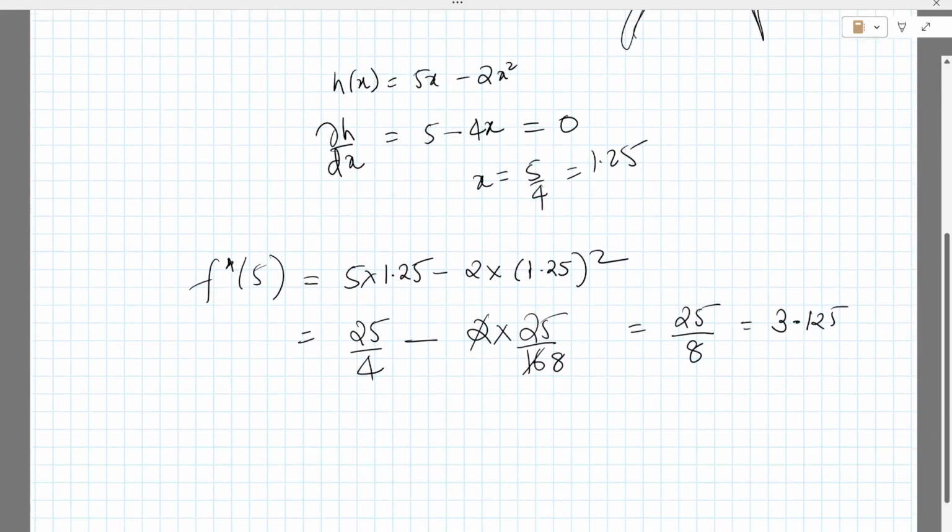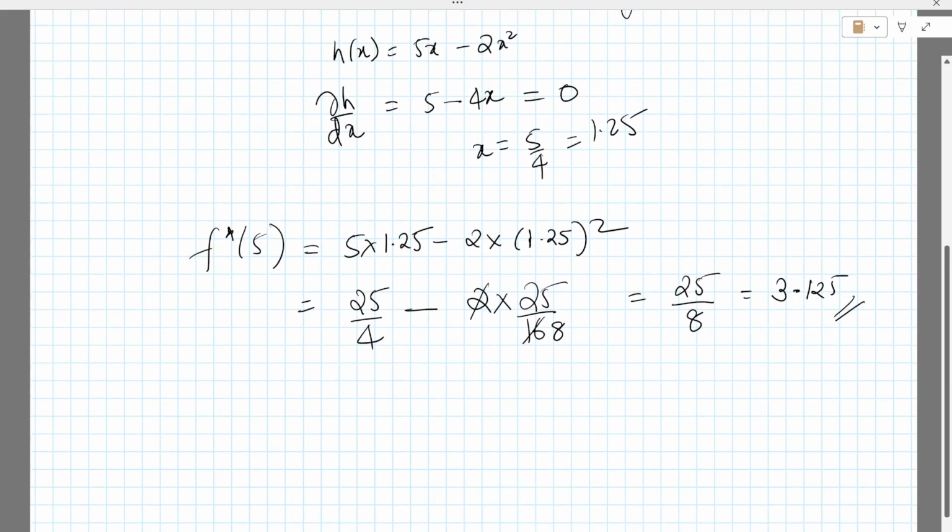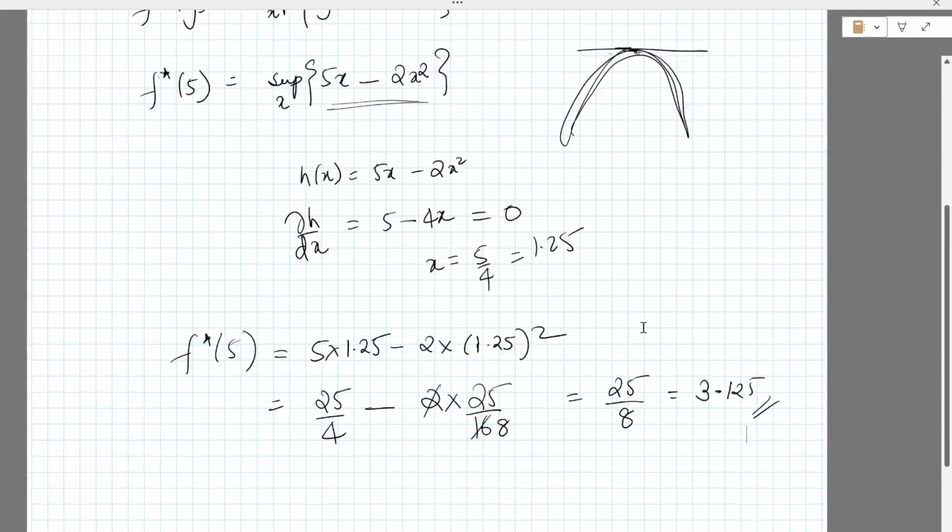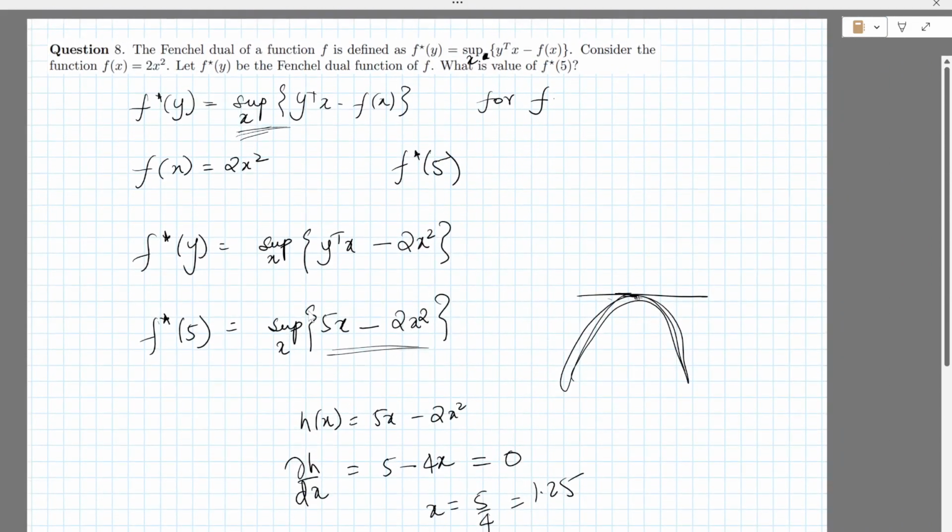Yeah, so this is the answer, 3.125. This was the Fenchel dual. I think this was just introduced, the Fenchel dual. And one property was that the Fenchel dual is always convex.